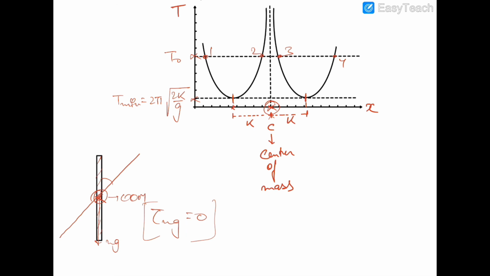Therefore the rod will be in neutral equilibrium, and we all know that for simple harmonic motion the body always oscillates about the stable equilibrium position and not about the neutral equilibrium.